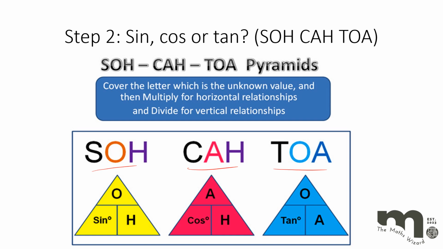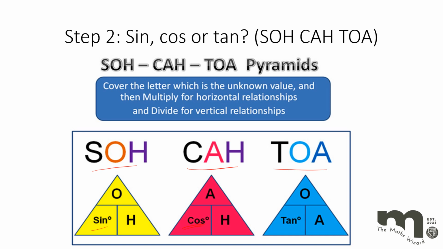For sine, the sine of an angle is opposite divided by hypotenuse. The cosine of an angle is the adjacent divided by the hypotenuse. The tangent of an angle is the opposite divided by the adjacent. And the way that we can remember these trig ratios is using this little acronym.